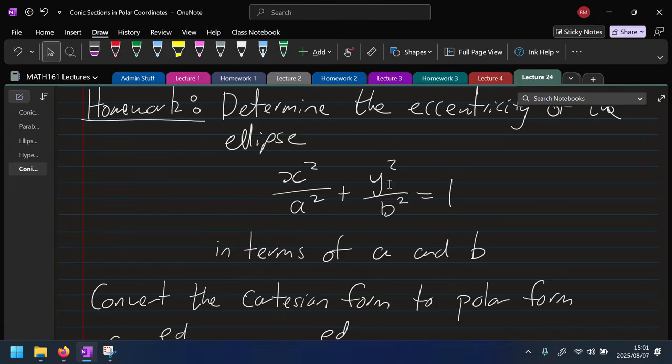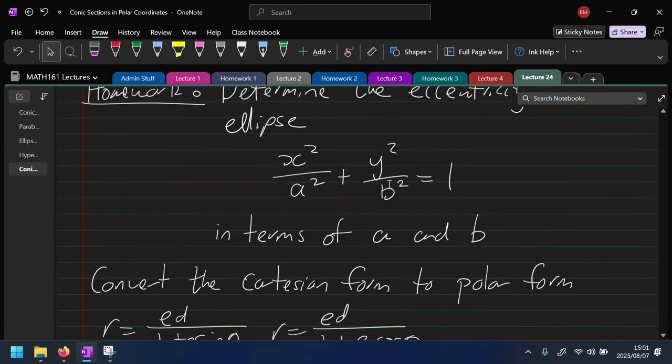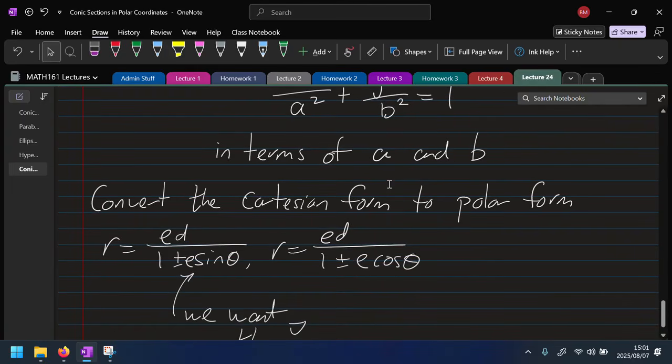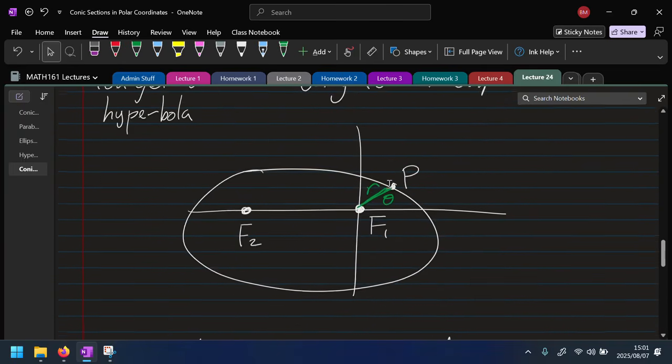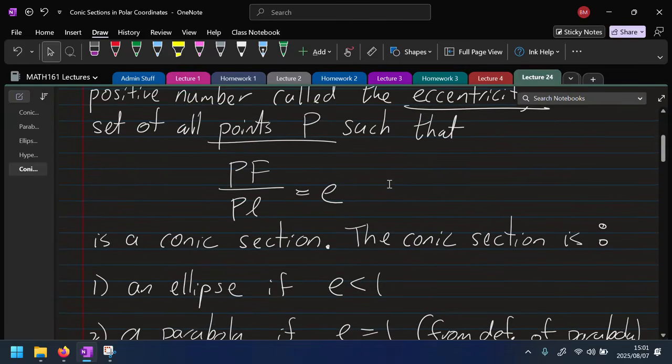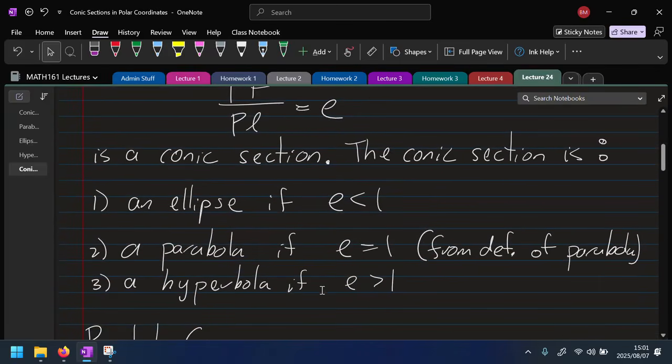Or, the other way, if I give you the polar form, then you need to identify which one it is. It will be one of these three: is it an ellipse, parabola, or hyperbola?